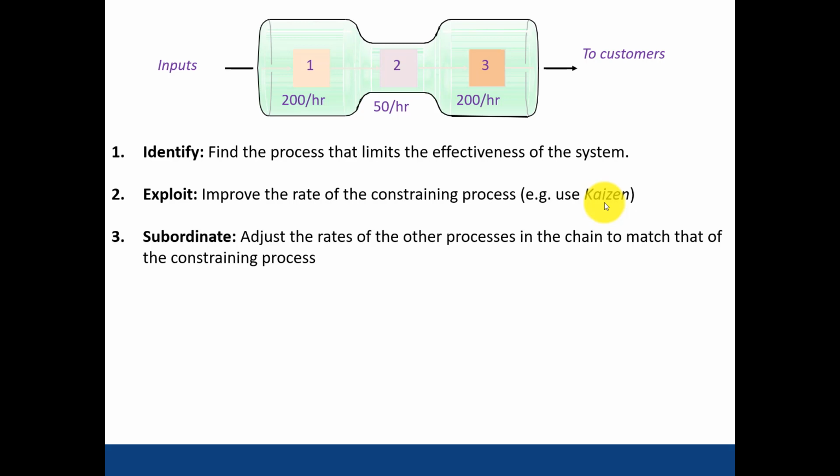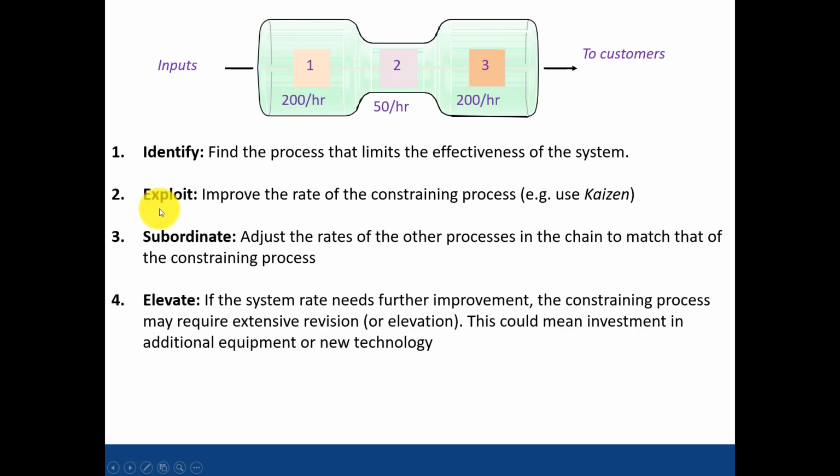So subordinating means the rest of the system runs at the speed of the bottleneck, and you want that bottleneck to run as fast as possible. That's why you are exploiting it. Number 4, elevate the system rates. If the system rate needs further improvement, the constraining process may require extensive revision or elevation.